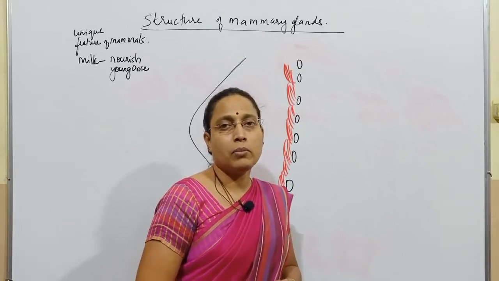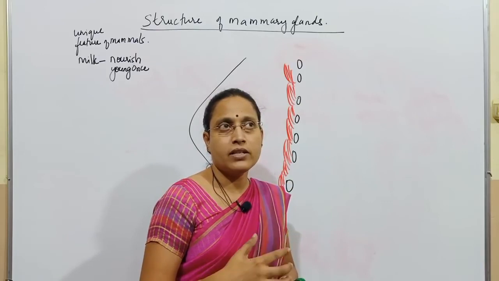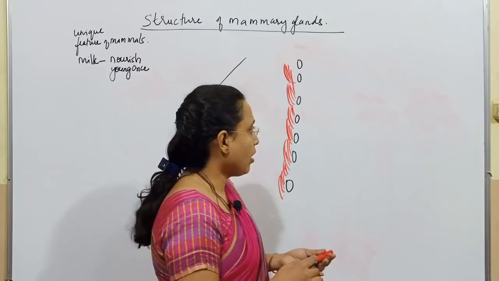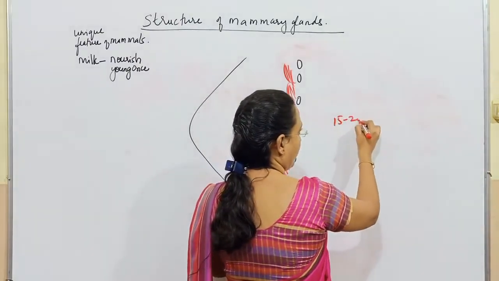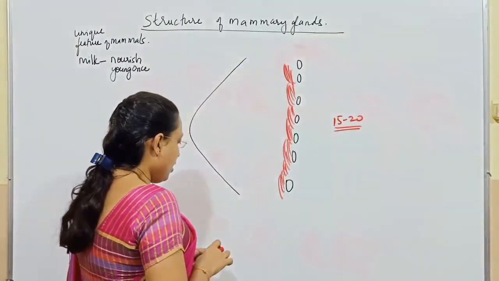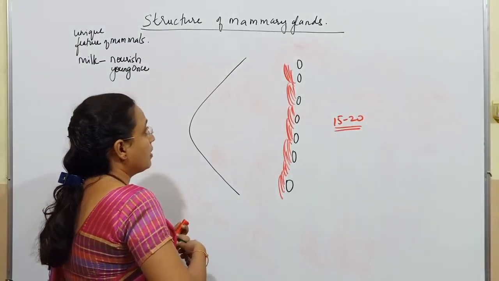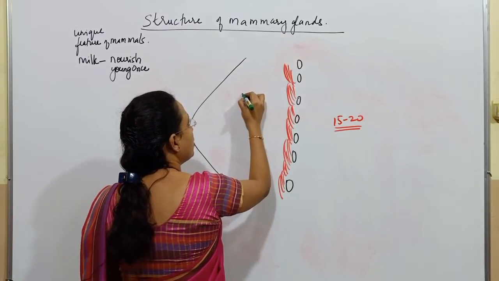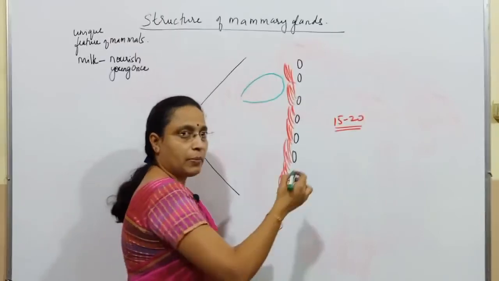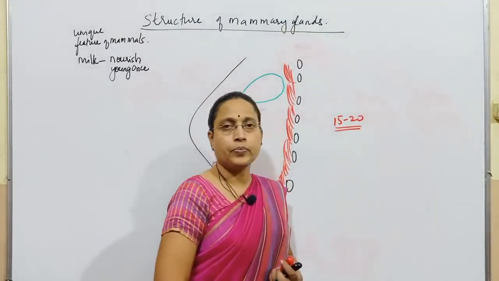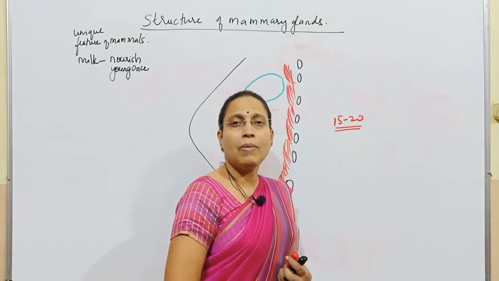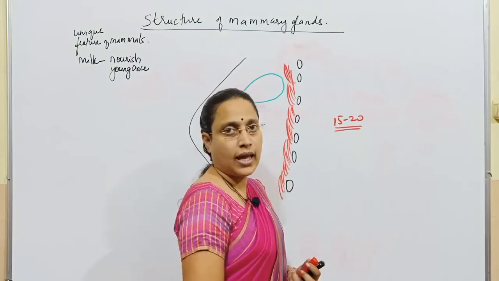Now, what are the divisions of the mammary glands? Mammary gland is divided into 15 to 20 mammary lobes. So there are 15 to 20 of them. Consider these are the lobes. Such lobes will be 15 to 20. Now, each lobe has several milk secreting units called alveoli.